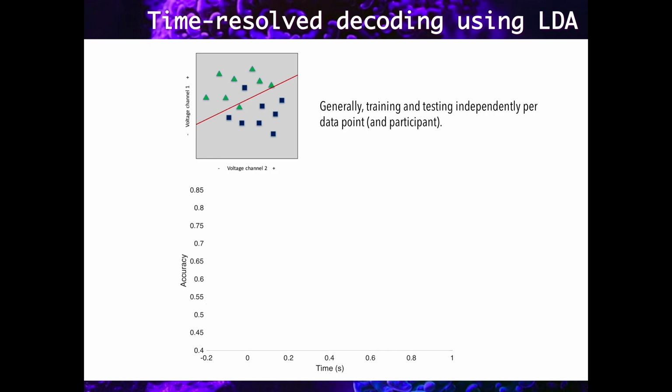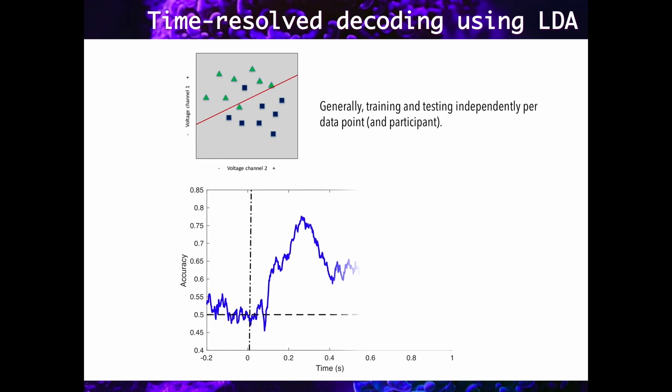That is, we can run the classifier independently per data point and normally per participant. So we will train and test the classifier at a given time using information from only that specific time point. Then we will move to the next data point and so on. This way we can see how the accuracy of our classifier evolves over time.